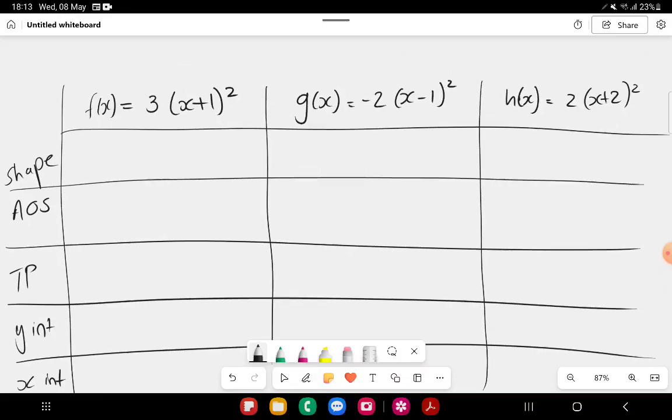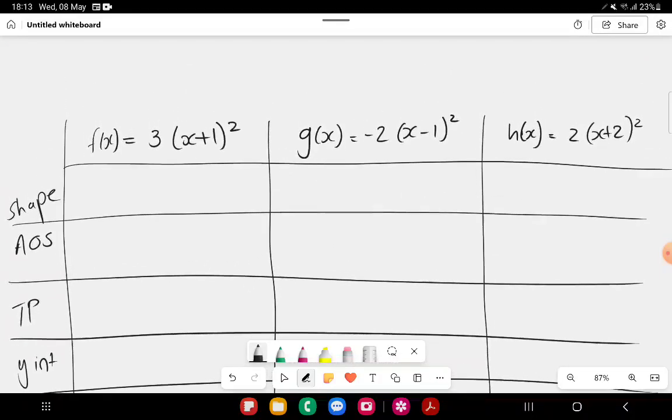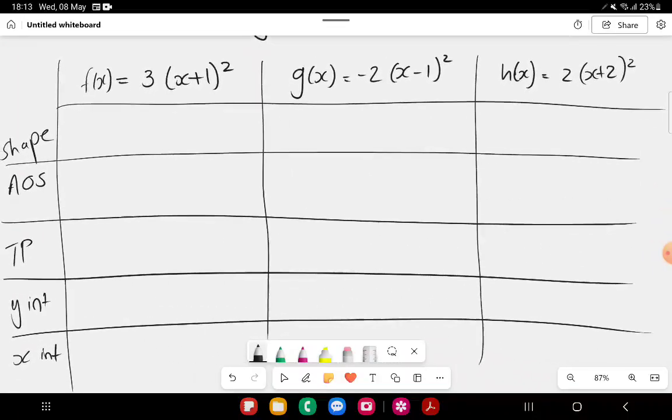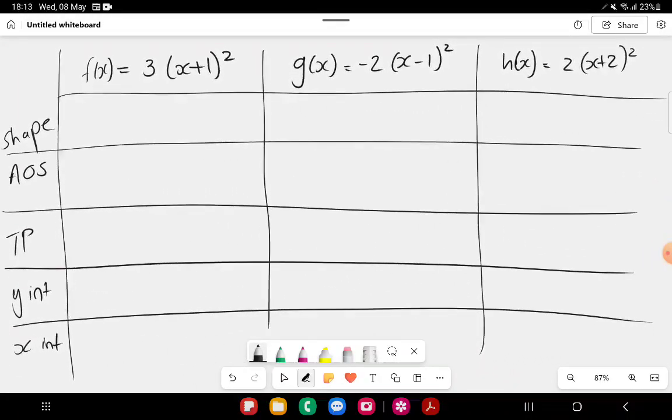Remember the format of the equation that we're doing is y is equal to a(x plus p) squared. Okay, so that's the shape of all three. The first thing we want to do is decide what the shape of this graph is going to be.